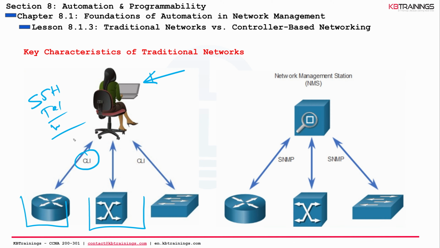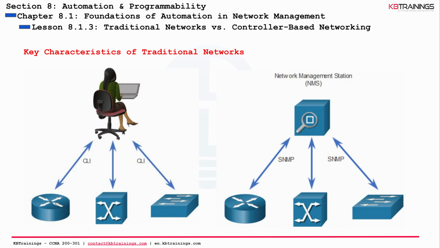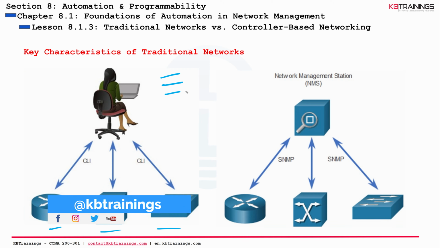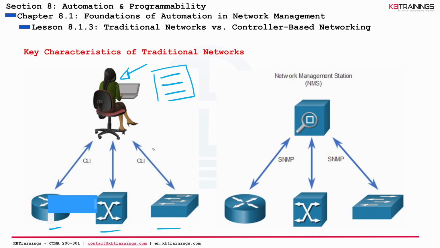But the main idea is that everything is done individually. It's not centralized. So if I want to configure OSPF between the different devices, I need to go into each of them one by one to configure that. And we run into all those problems where we can have errors, we can have mistakes, we can have inconsistencies between the configurations. And that is just coming because we have a human in control, and that's a possibility.